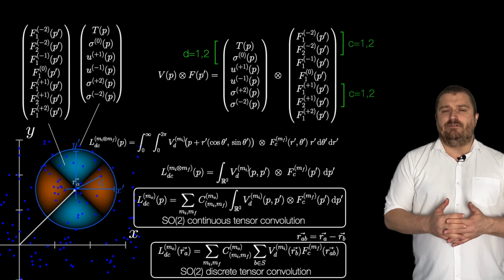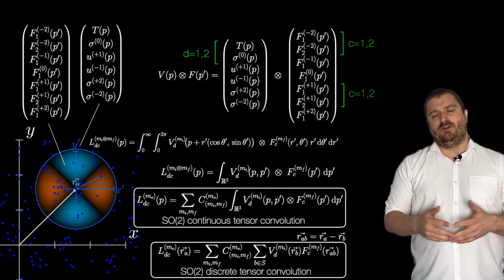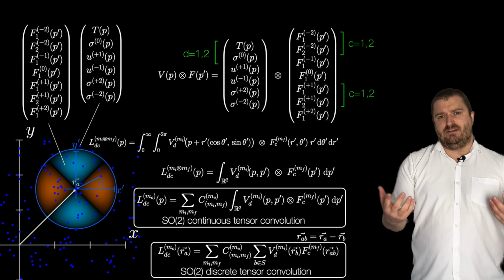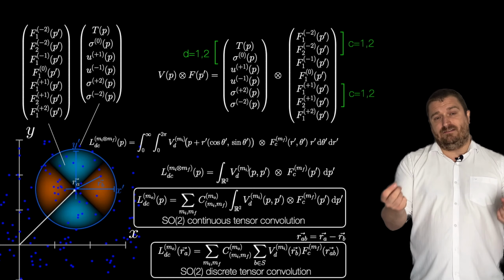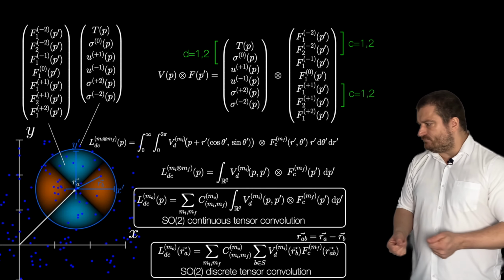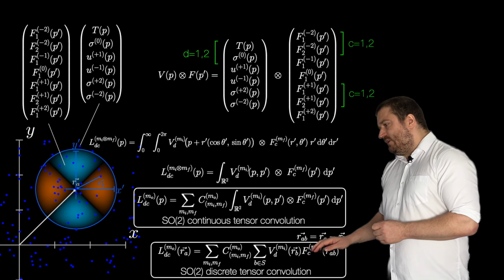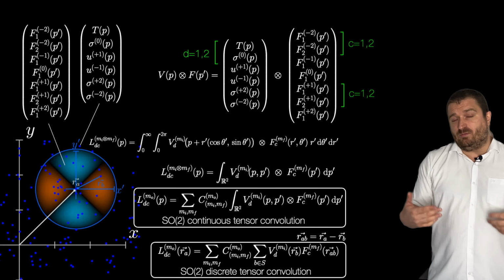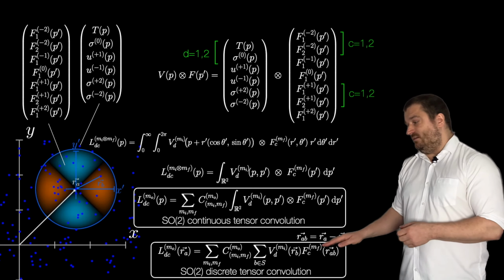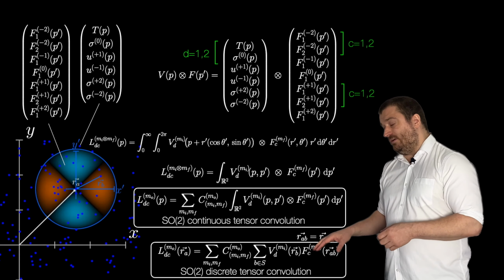The kernel itself still remains a continuous function, but there's no mystery there because although the physical field is now represented as a discrete set of points, in order to do the convolution, we just evaluate the kernel at each point. So it's as if the kernel were discretized as well. So you can see now we're also starting to approach an equation that looks a bit like equation 3 in tensor field networks, and that's kind of the point.